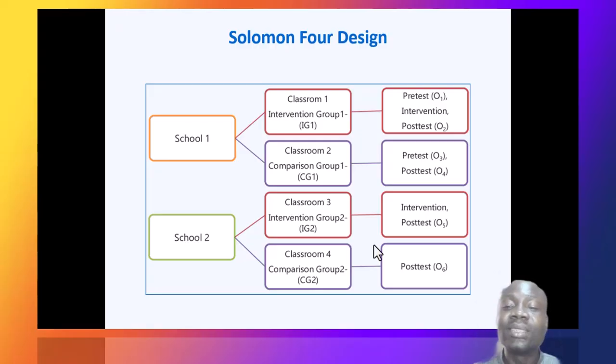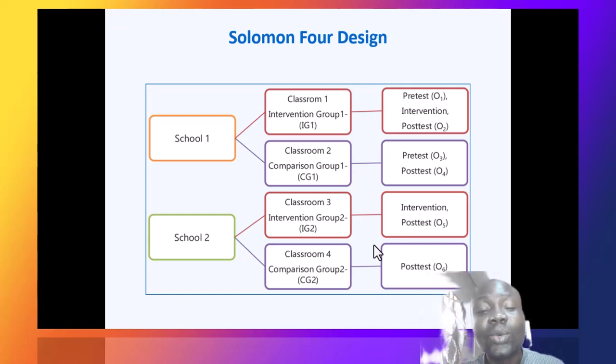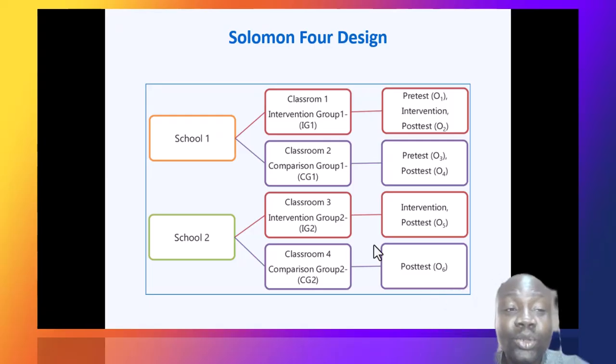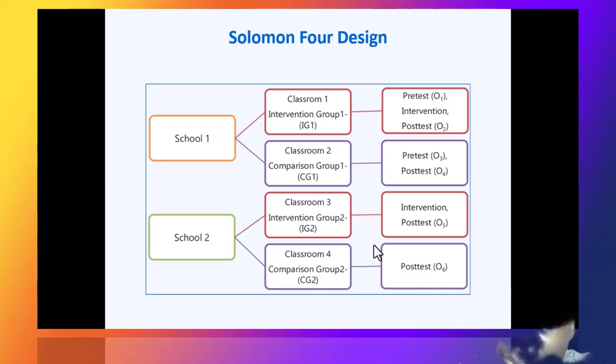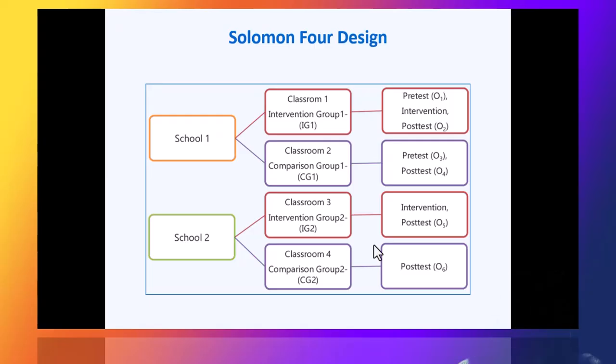In the first group, the researcher will administer the pre-test, do the intervention, and do a post-test. Then in the second group, GS1B, the researcher just does the pre-test and the post-test, no intervention, no intervention.